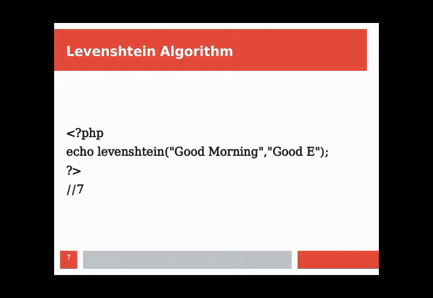So this will take these two strings. Here is an example in the PHP tag, the display statement, that is echo levenshtein("good morning", "good E"); and end of the tag.